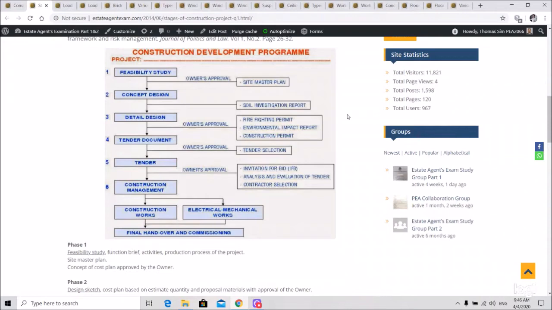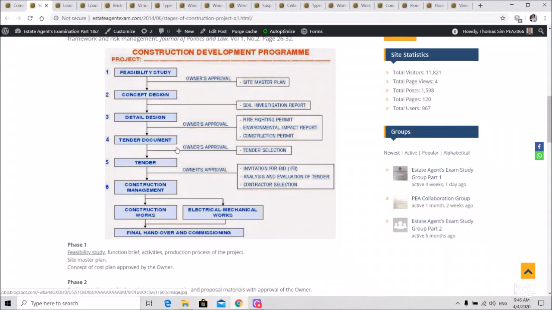In fact, before the briefing stage, the architect could have drawn out a plan to be submitted to the town and country planning section of the authority. So all that was already coordinated.